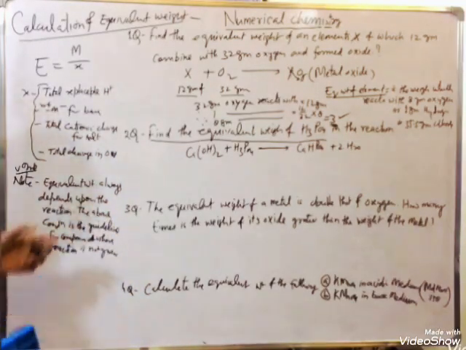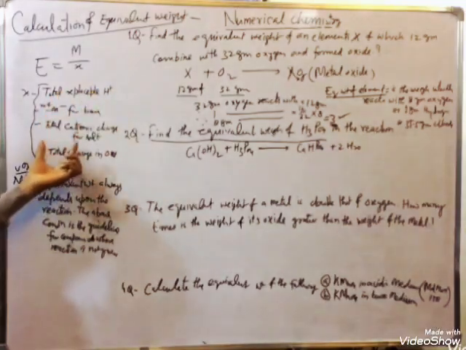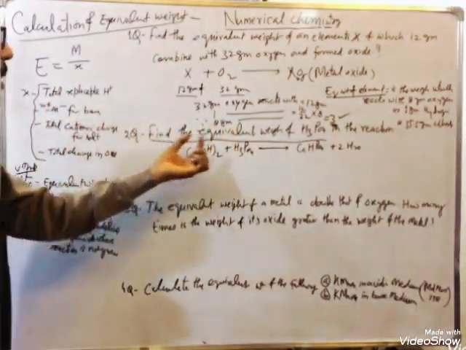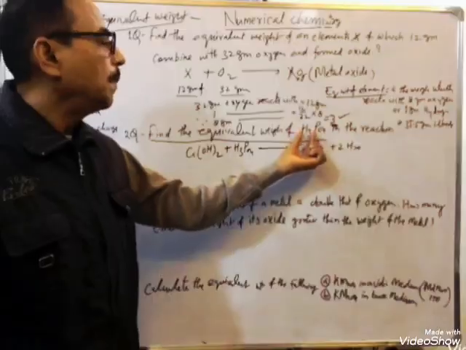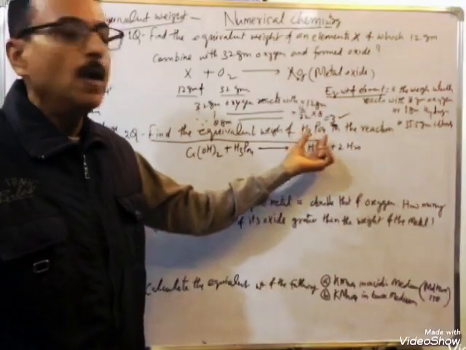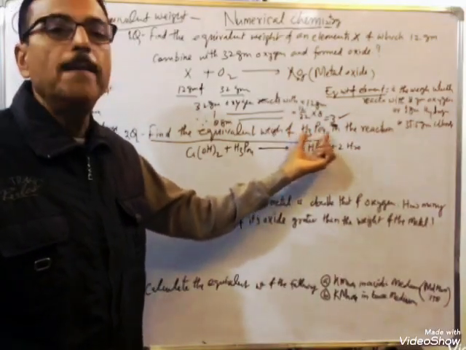If the reaction is not given, then we take this law for equivalent weight. It means for orthophosphoric acid, replaceable hydrogen is 3, so the equivalent weight will be M by 3.